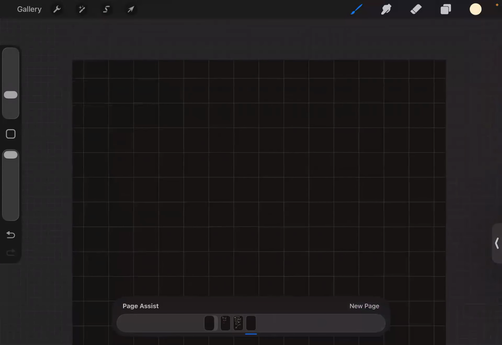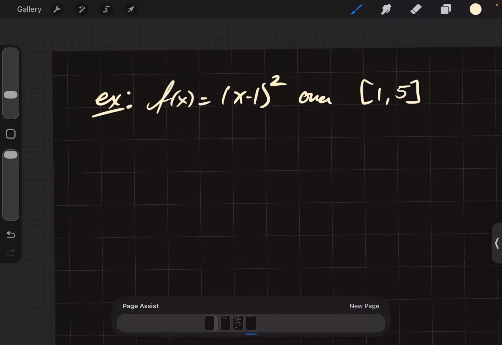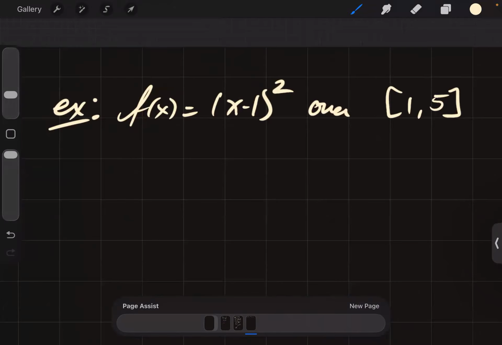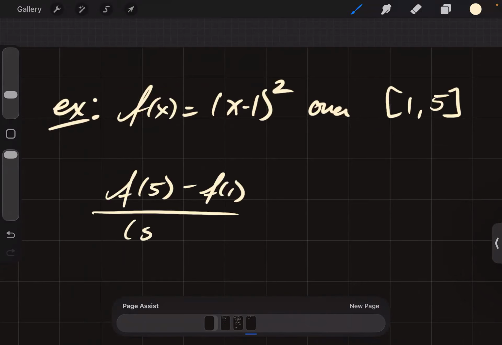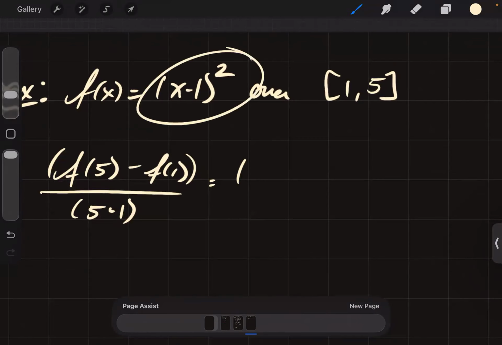So for example, let's say you have a function f of x is equal to (x minus 1) squared over 1 comma 5. So this one we'll do together, okay? You'll say, oh, that means f of 5 minus f of 1 over 5 minus 1, which is going to be, again, parentheses are important, okay?